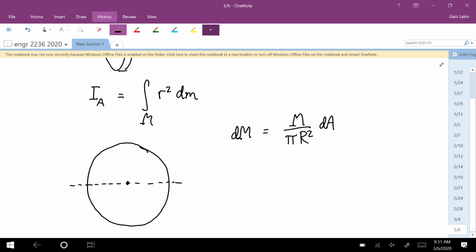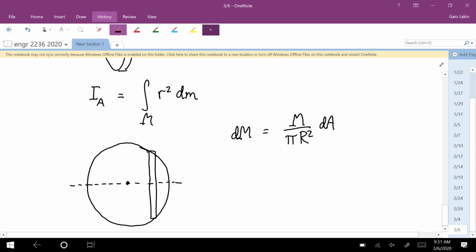So that's our connection between increments of mass and increments of area. And now let's define our dA like this. So let's take strips. Let's do it in X instead. So same idea, but let's do our strips like this. Okay, so our infinitesimal area is a strip like that, and then a matching strip.